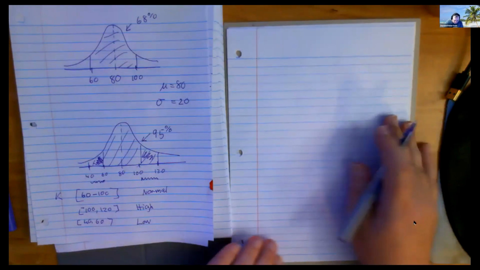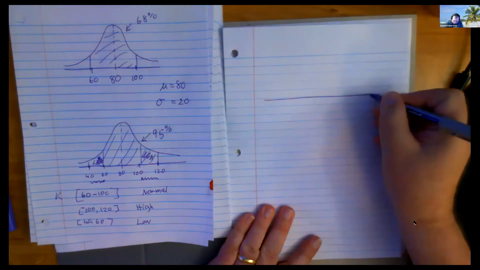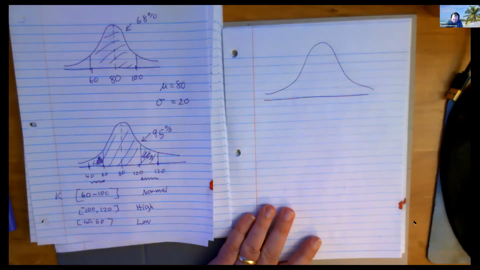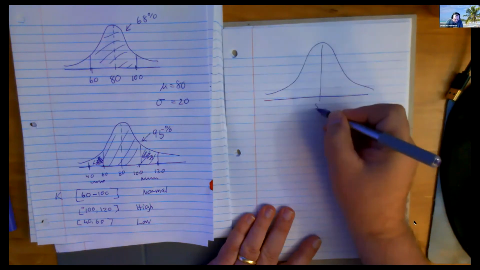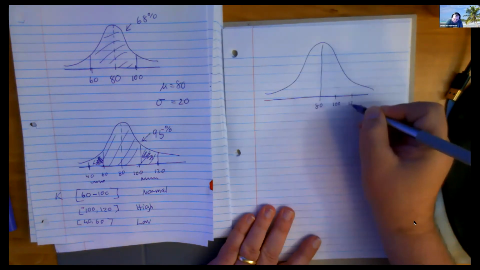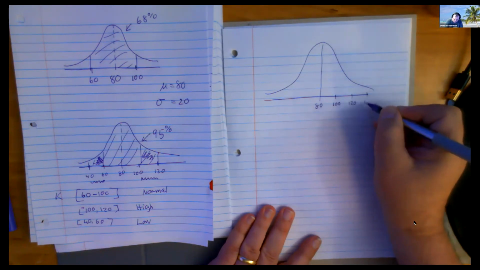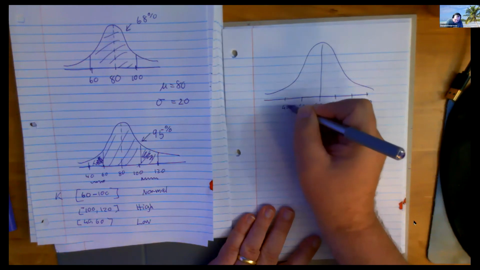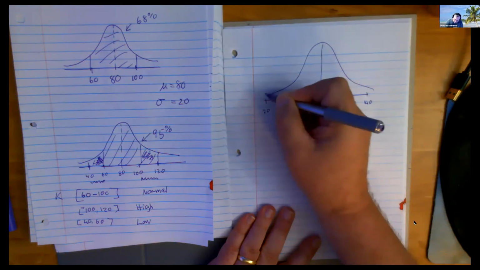So let's try and draw my third picture. I'm trying to keep it to scale, but I probably won't be perfect. Imagine that's the same as the other two. Here is my 80. 1 standard deviation, 2 standard deviations, finally 3. Go back 1, go back 2, go back 3.